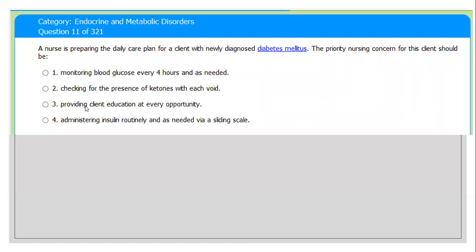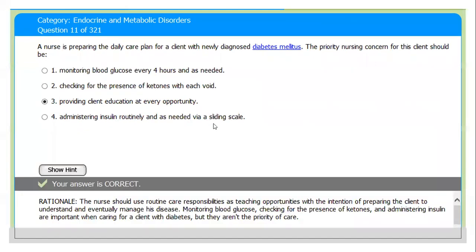Number 3, providing client education at every opportunity, and number 4, administer insulin routinely and as needed via sliding scale. The correct answer is providing client education at every opportunity.